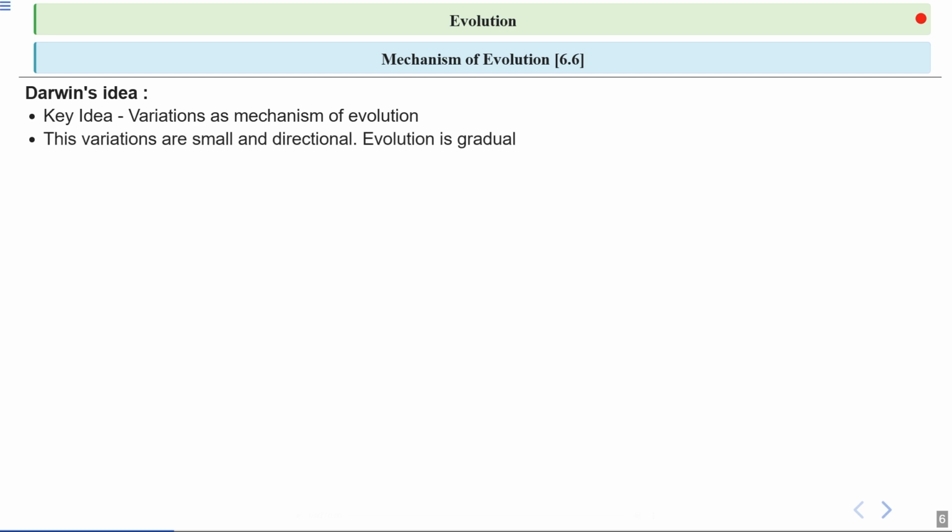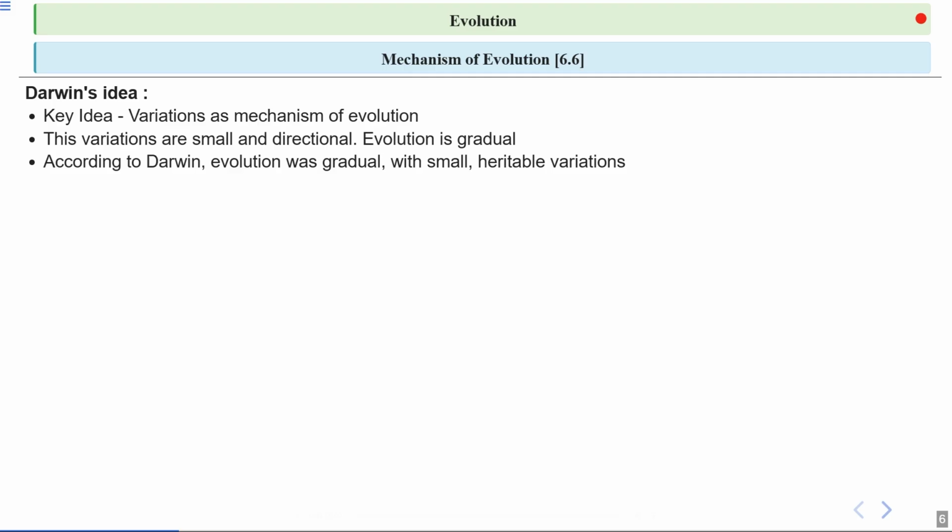He said variations are small and directional, and evolution is a gradual, slow process. Variations which provide survival advantage, which help the organism or species to survive in the changed environment, are selected over the generations. These variations accumulate and lead to the formation of new species.